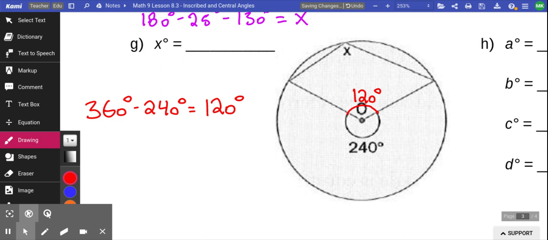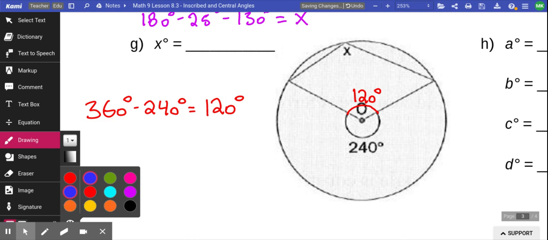Now let's try to see what the question's asking us to find. So the question's asking us to find this angle X right here. That's what's connecting if I were to go from, let's call this A to B. And that's going from A to there to B. Now, we know that that is an inscribed angle.